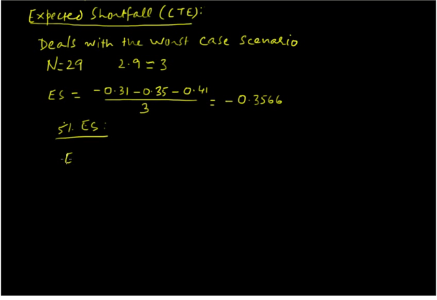So expected shortfall is going to be equal to the average of the lowest 2 returns. This is going to give us minus 0.38. So on an average, we are going to lose 38% if the worst 5% cases come true. This is pretty simple.